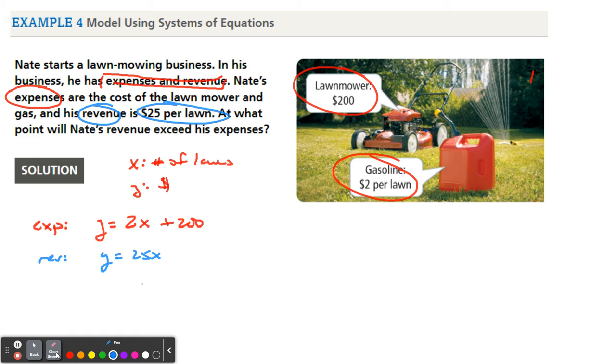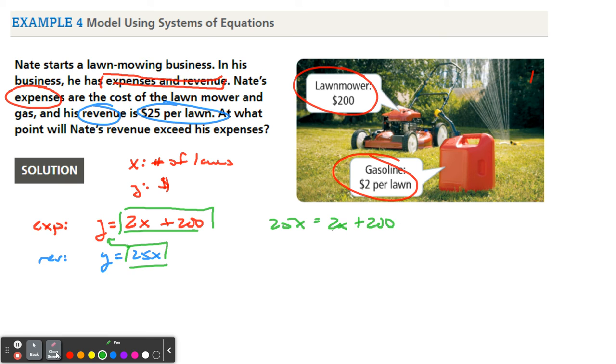And we need to solve this system of equations. Well, notice that both of them are solved for y. So because they're both solved for y, we're just going to take the x portions and set them equal to each other. Essentially, we're taking one of them and plugging in. So I'm going to put the 25x and plug it in for that top y. So we have 25x equals 2x plus 200. And we're going to solve this for x. Now, left side's one term with an x.